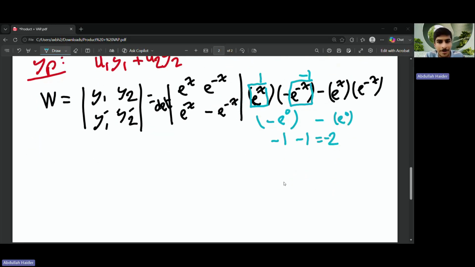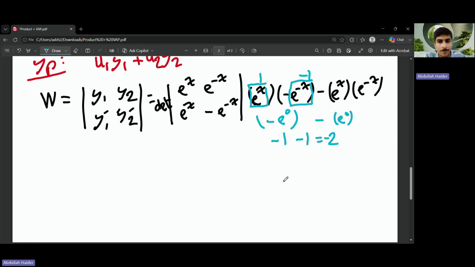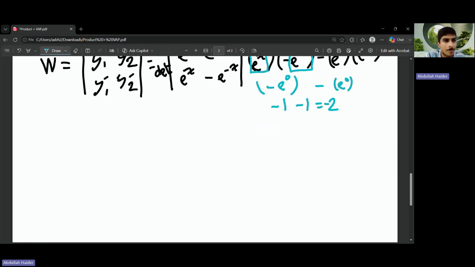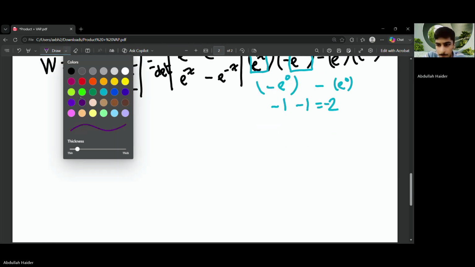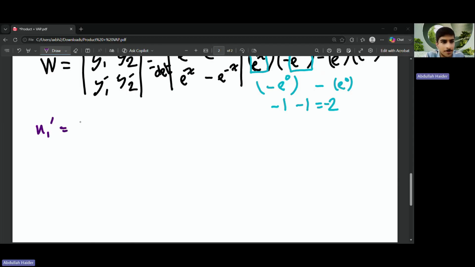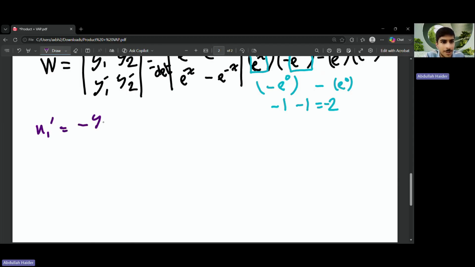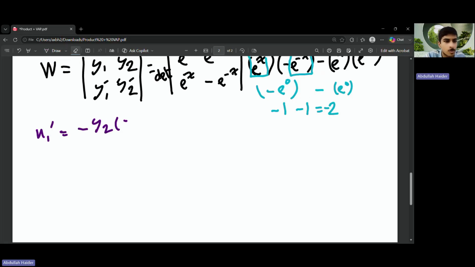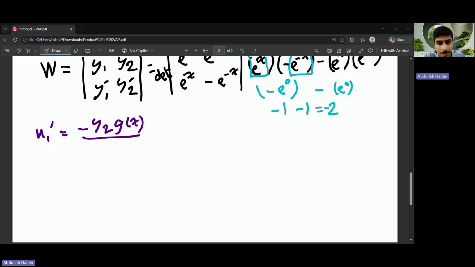And after finding the Wronskian, we need to apply this specific formula. U1 prime is equal to minus Y2 g of x over the Wronskian. This is something you have to memorize.